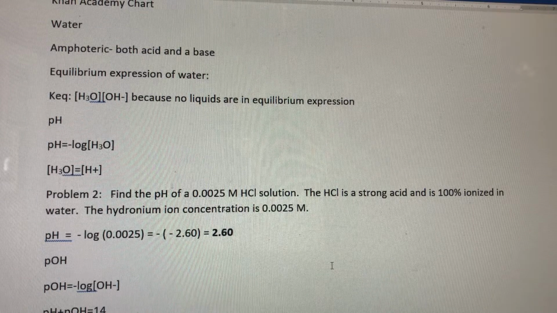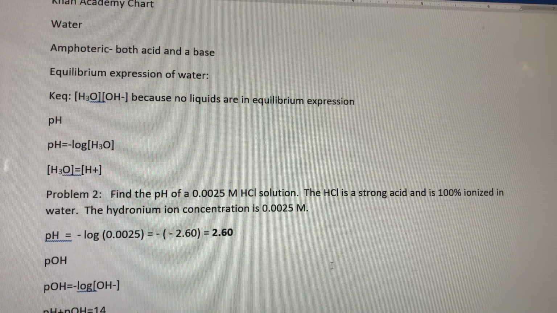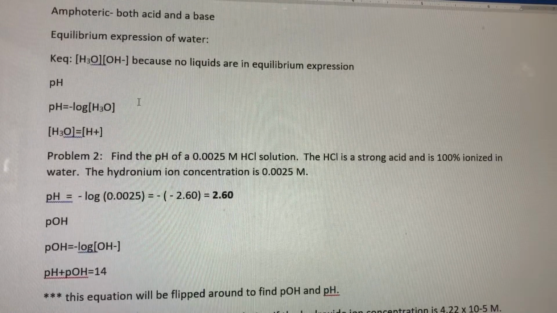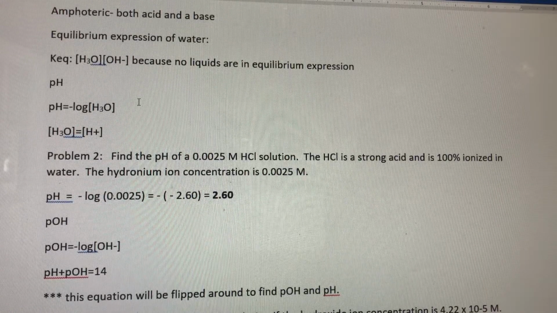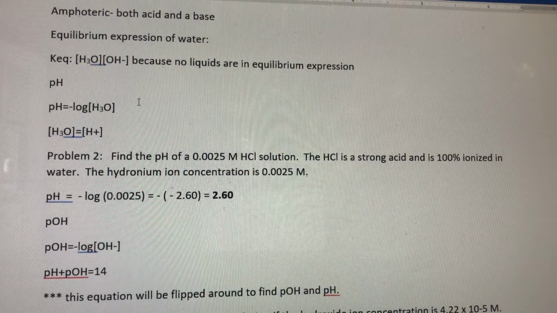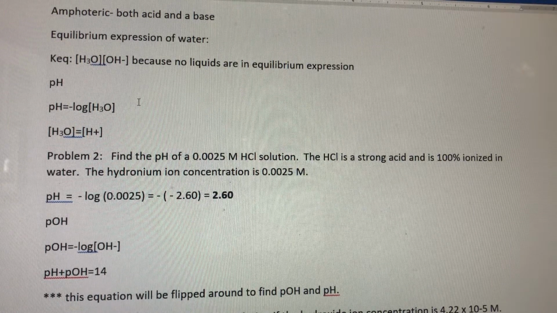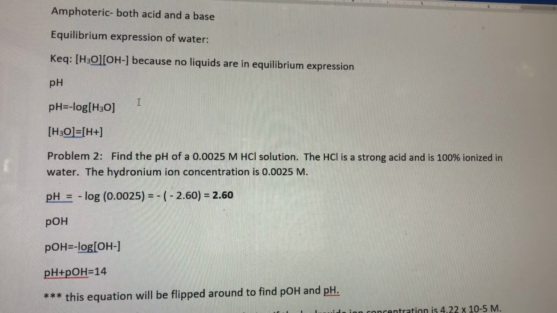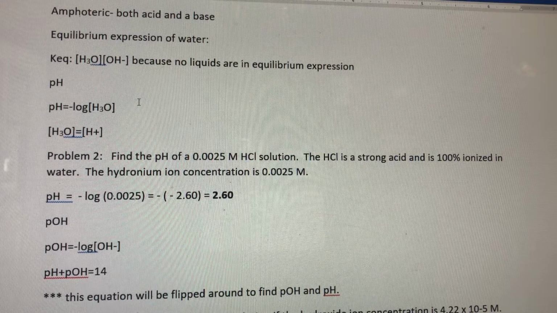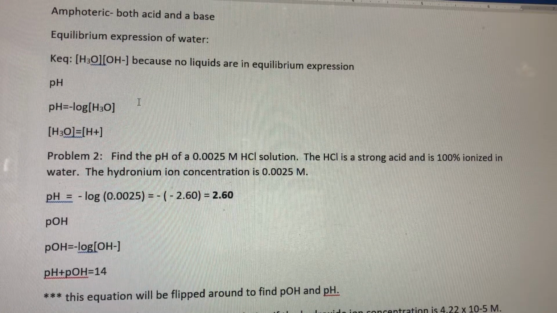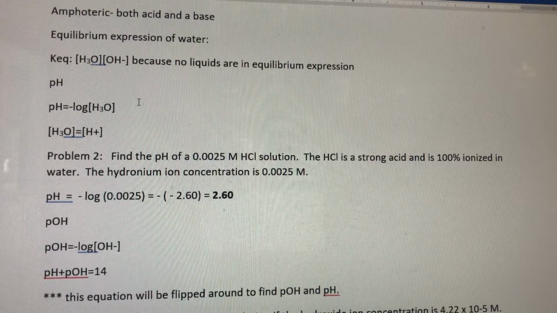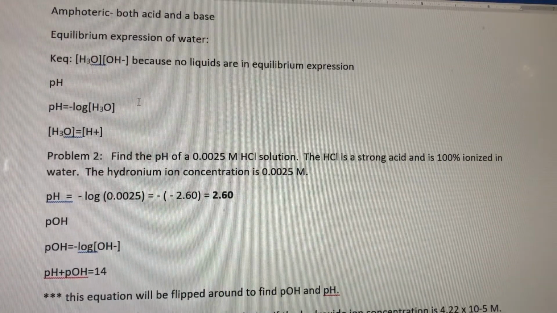So we're now going to discuss the equilibrium expression of water. We're going to have Keq equals H3O+ times OH minus, because no liquids are in the equilibrium expression. You're going to use the Keq a lot over the next couple of lessons, so it's important that we do this now.